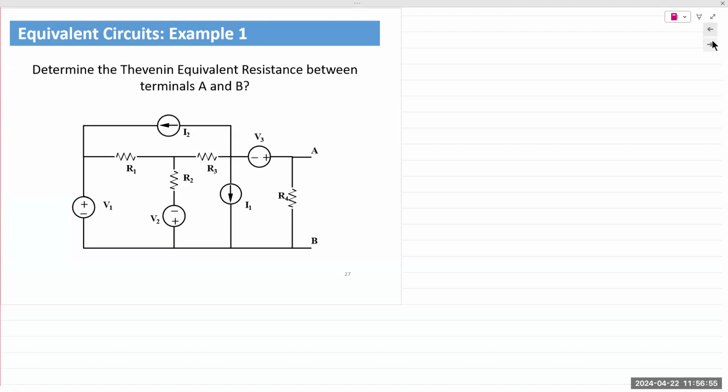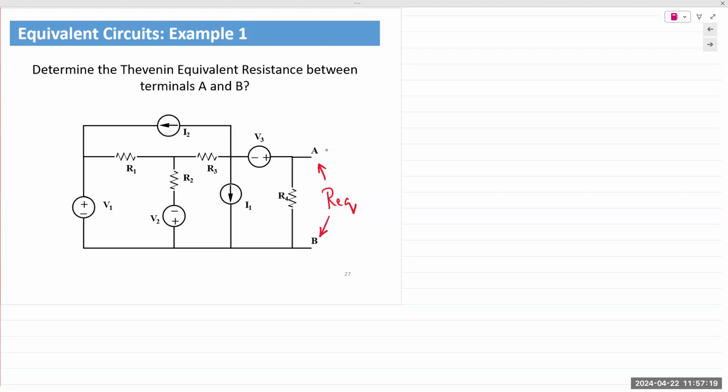So there's nothing to modify, there's nothing to remove. We simply begin our analysis. We need to find Req between A and B. So what do we have? We have 4 resistors in the circuit, 3 voltage sources, and 2 current sources.